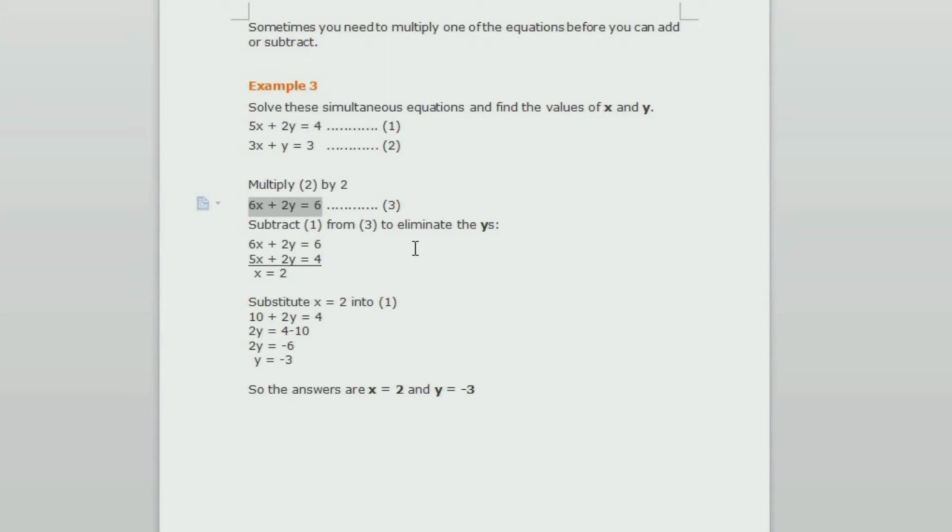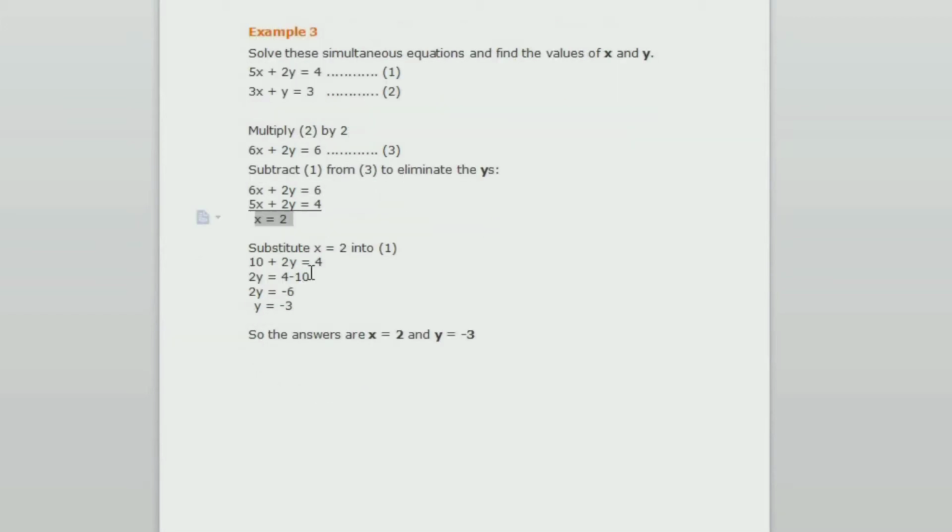And then we can subtract the first equation from the third equation to eliminate the y's. And we come up with x equals 2. And now we can put x equals 2 back into the first equation. And we have y equals minus 3. And so the answers are x equals 2 and y equals minus 3.